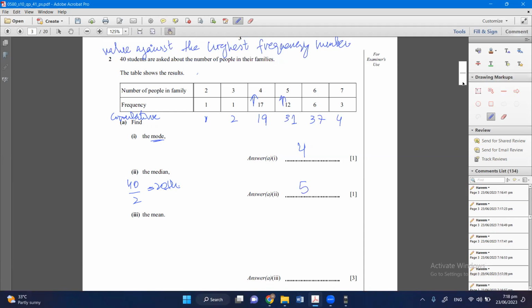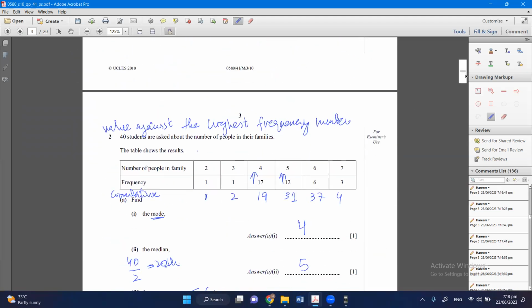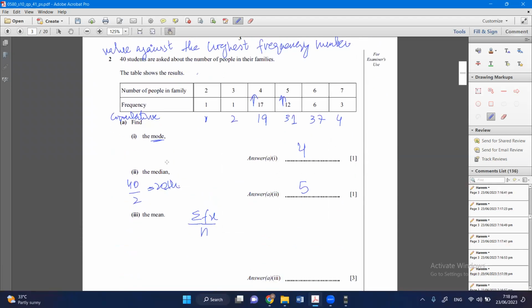Okay, now coming towards the topic mean. The formula for the mean is sigma fx divided by n. And sigma fx divided by n, it means what? Pay a little attention here.